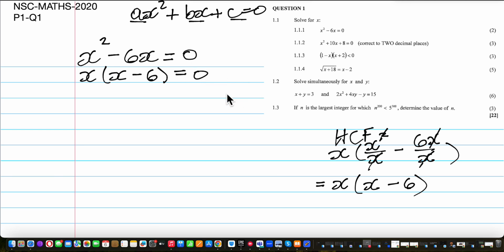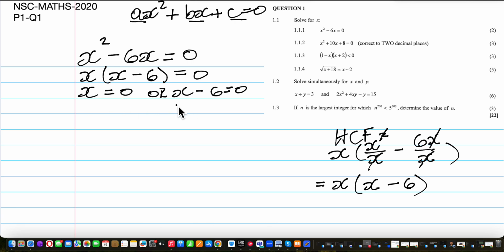Okay. Now we have factorized the expression of the equation. So if x times x minus 6 equals 0, that means that either the monomial or the binomial is equal to 0. So it's either x is equal to 0 or x minus 6 is equal to 0. Here we already have our value x equals 0.